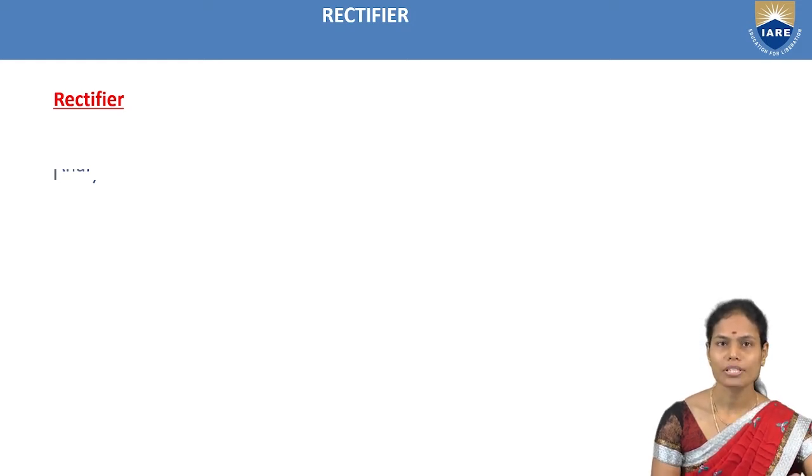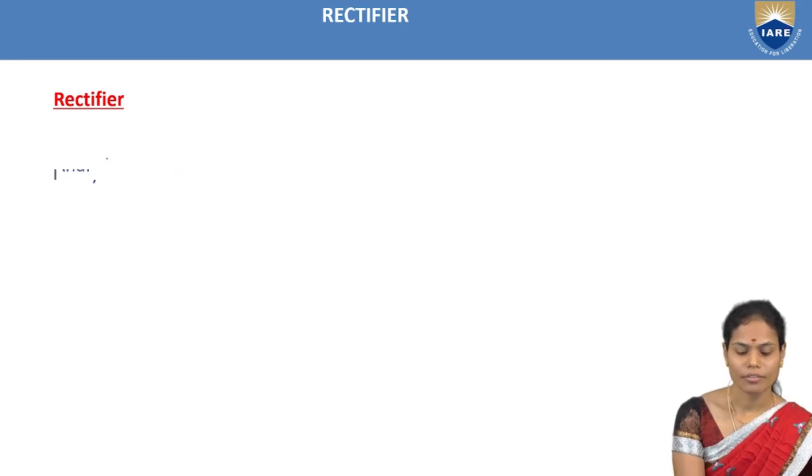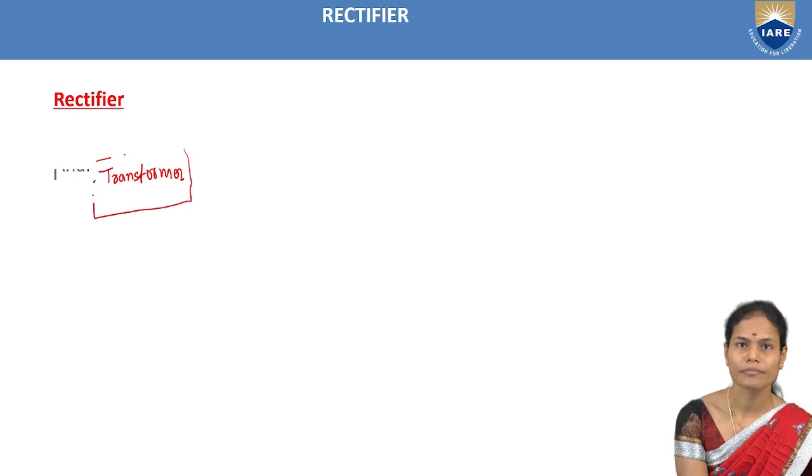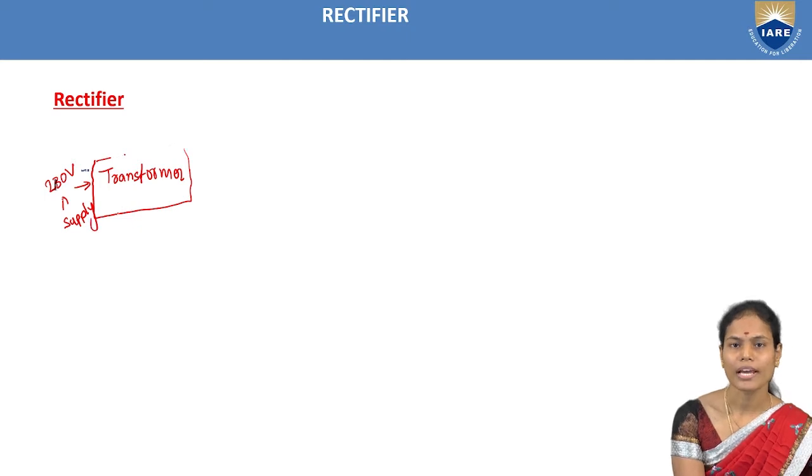In the power supply units, we have the transformer first. For this transformer, we provide the 230 volts AC supply. Transformers are of two types, step-up transformer as well as step-down transformer.